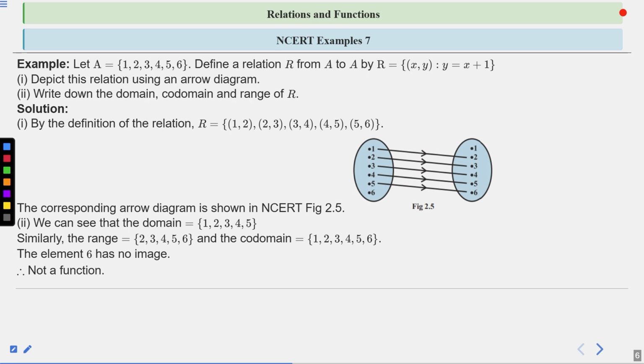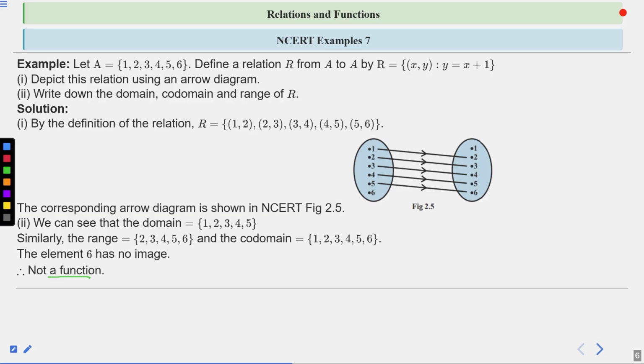Therefore, what we can say is that this given relation is not a function. If you recall what we have just seen in the previous slides, in order to be a function, a relation must satisfy some points. What points?